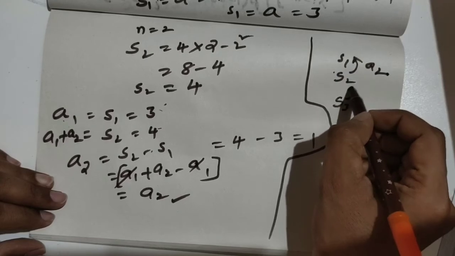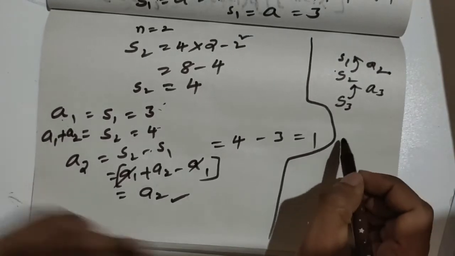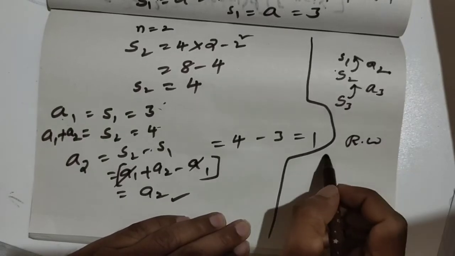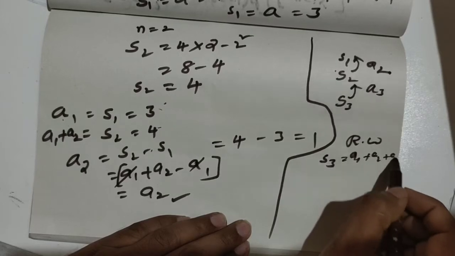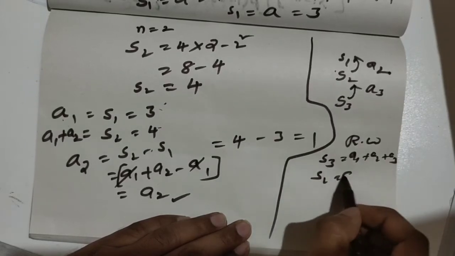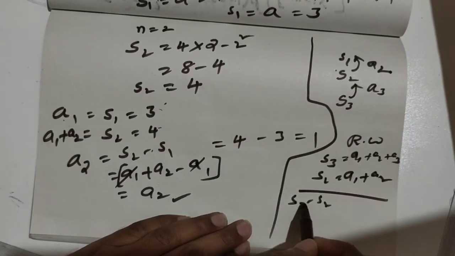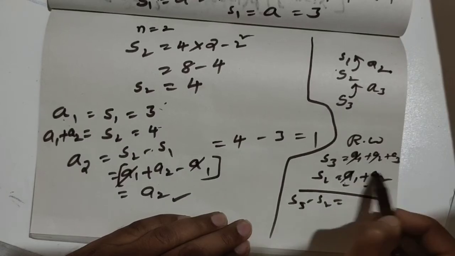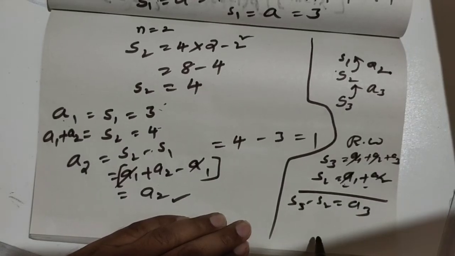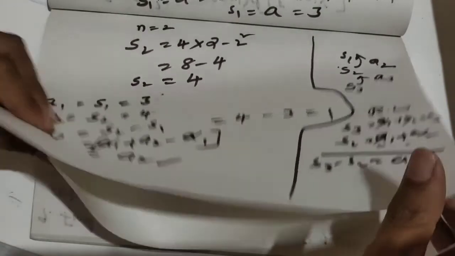By subtraction of these two, A1 gets cancelled, A2 gets cancelled, and we get back A3. That means by the same pattern we first have to find S3.